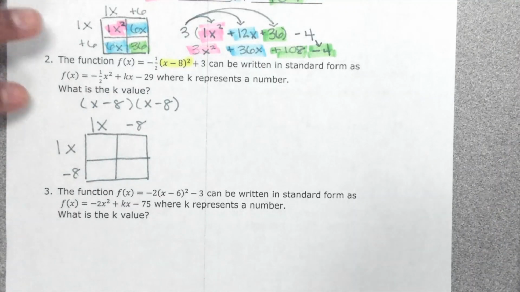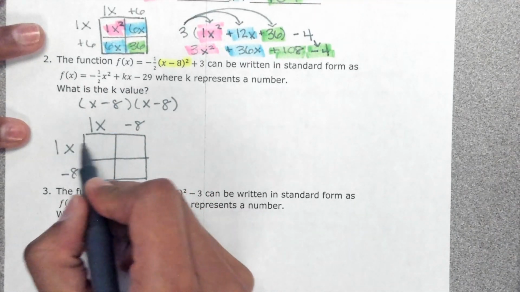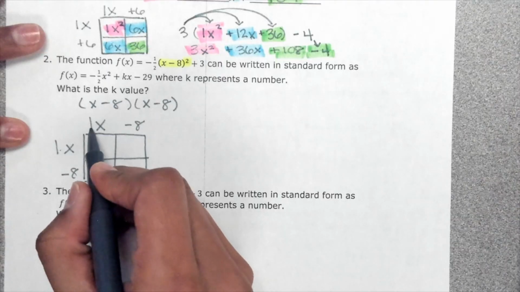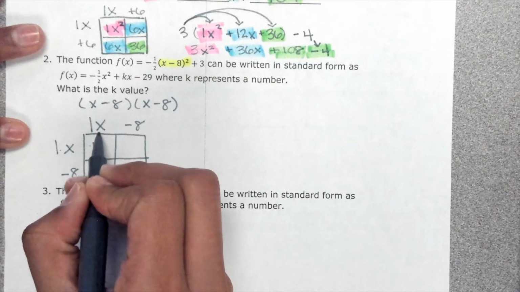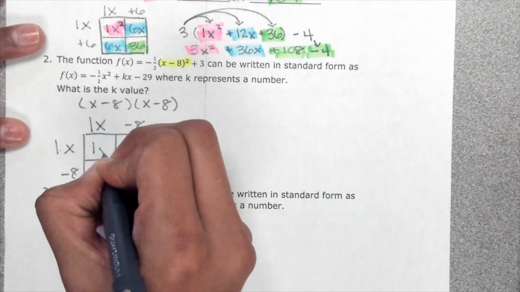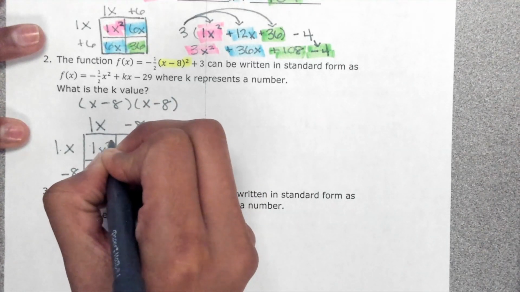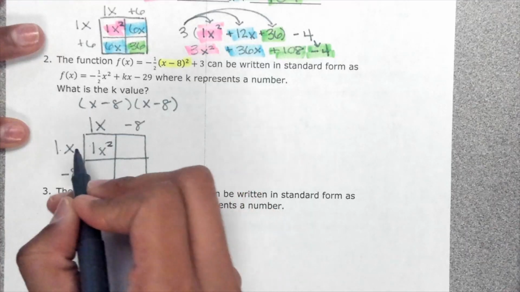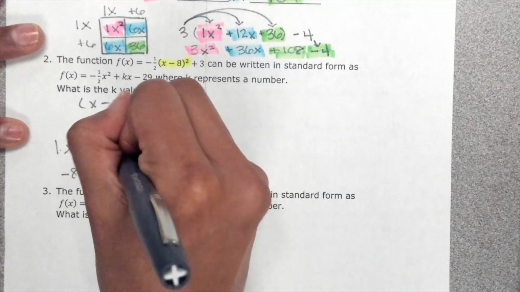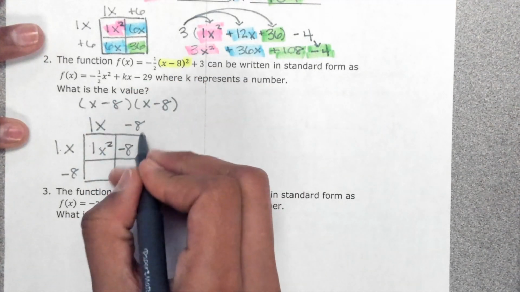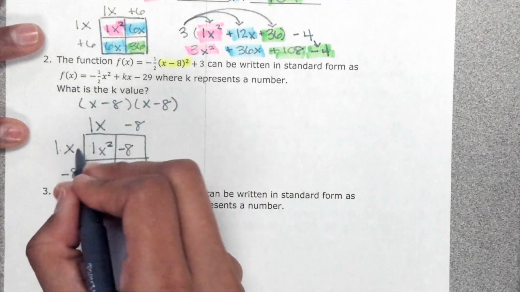Alright, and moving in an L shape when we multiply, we're going to multiply 1 times 1, which is 1. x times x is x squared. Make sure to bring both of those x's with you. 1 times negative 8 is negative 8, and we need to bring an x with us.